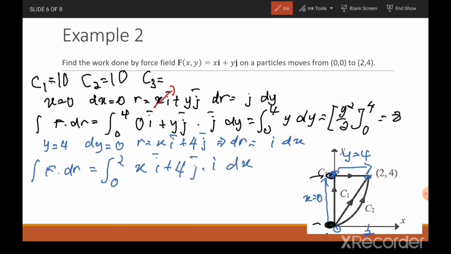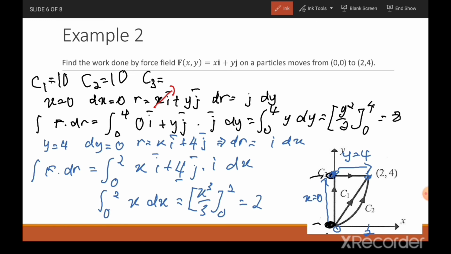Okay, so x times 1, you get value for x. Okay, x dx. So now we have 4, when we integrate we get the final answer is 2.